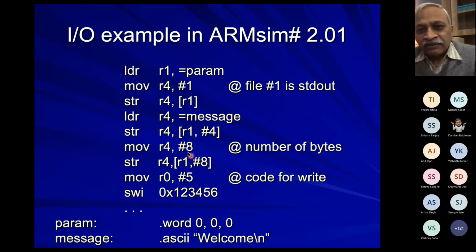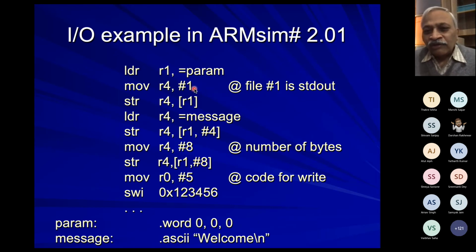The first one is indicating, you can see that we are loading 1 in R4 and storing it at this address given by R1. So the first word is filled up with code 1, which indicates where we are going to write. We are ultimately performing a write operation, and this number 1 means standard output.